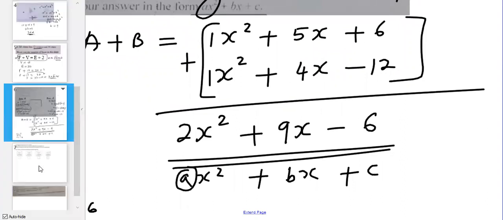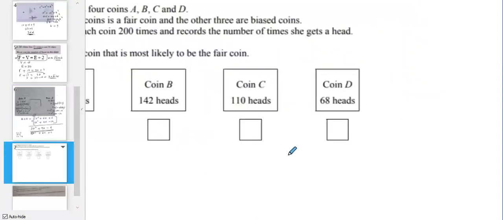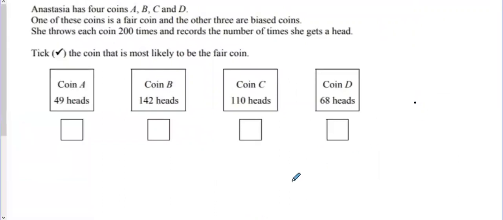And then we have this page here. This question says that Anastasia has 4 coins, A, B, C, and D. One of these coins is a fair coin, and the other 3 are biased coins. She throws each coin 200 times and records the number of times she gets a head. Okay.